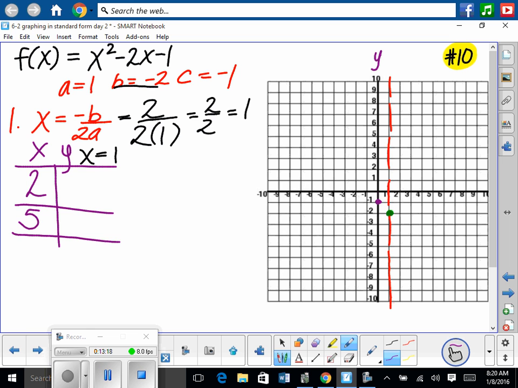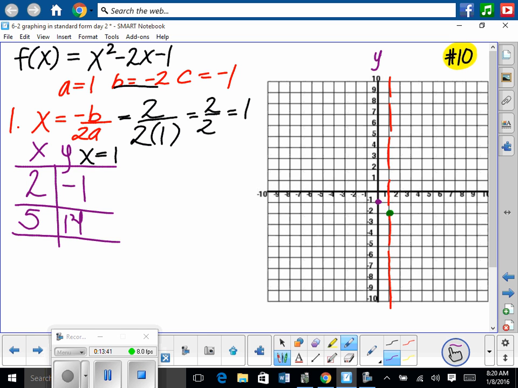Everybody should be practicing typing it in. -1. Does anybody need help typing that in? Did we all get -1? Okay, 5. Let's plug in 5. So 5 squared minus 2 times 5 minus 1. You get 14.